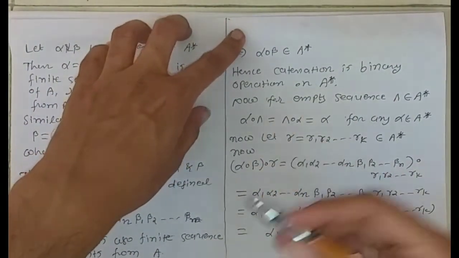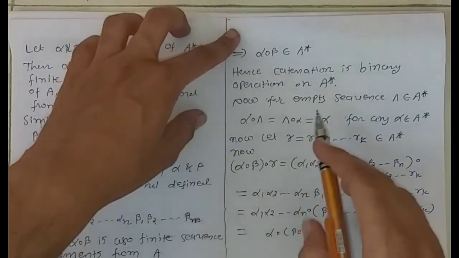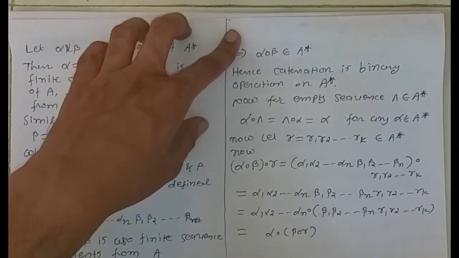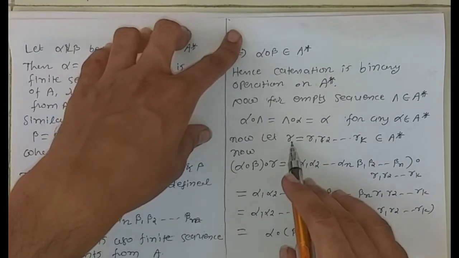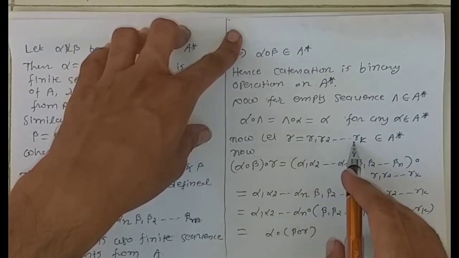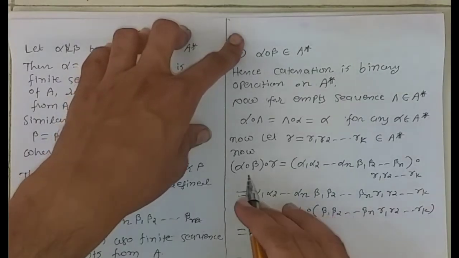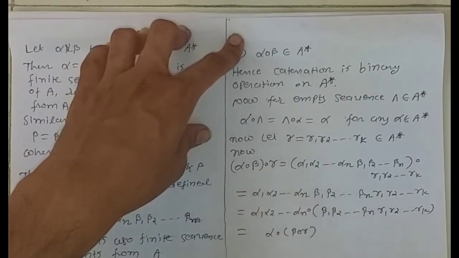Now we saw that this catenation is an associative binary operation. Consider gamma equal to gamma 1 gamma 2 up to gamma k belonging to A star. Now alpha composed with beta composed with gamma.